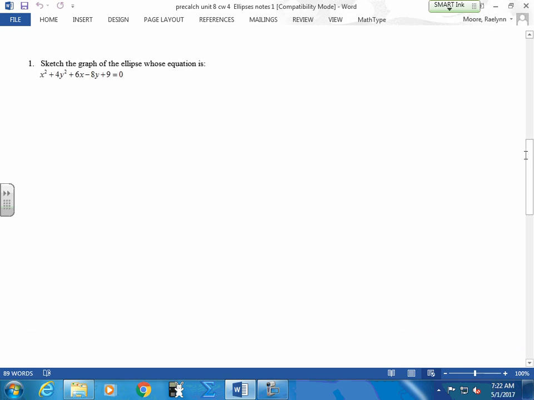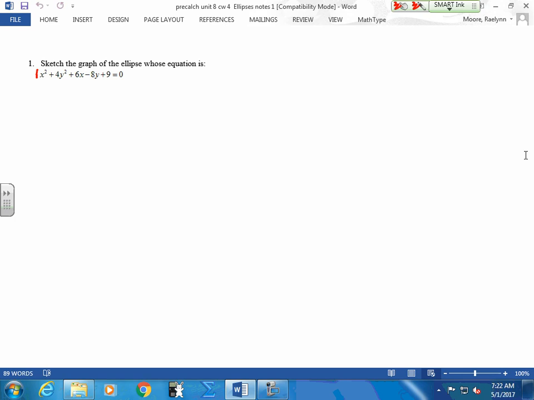All right. So we're going to sketch this guy. We're first going to identify it as an ellipse. What makes it an ellipse is this. What makes it a parabola is only one square. A circle, ellipse, a hyperbola have 2 squares. What makes the ellipse different is the coefficient in front of these x and y's, and the fact that it's a plus in between.